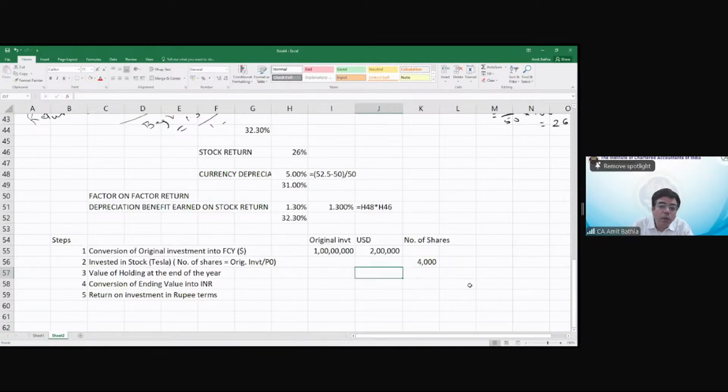Now, I need to calculate value of holding at the end of the year. So, how will I get it? 4,000 multiplied by, what was the value at the end? 60, plus dividend, which is 3, right?